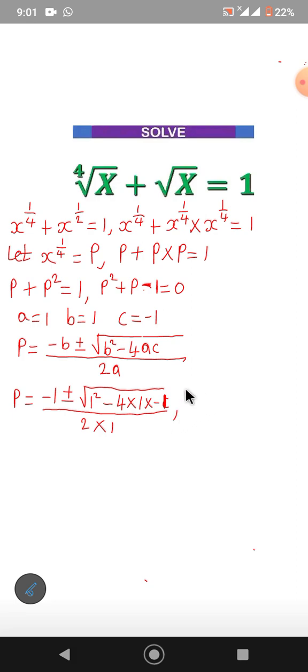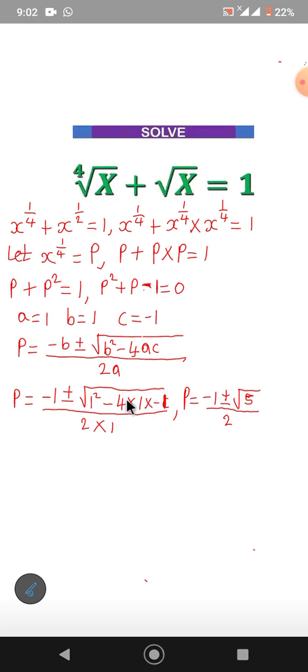Continue again. p will now be equal to minus 1 plus or minus the square root. If I simplify everything inside the square root sign here, I'll get 5, all over 2 times 1, which is 2.